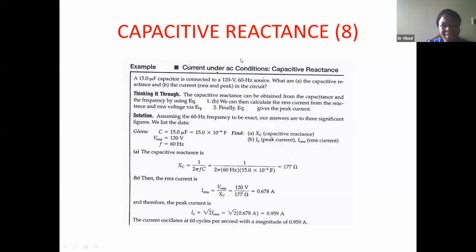Somebody thinks that the capacitive reactance is 17.68 ohms. Just keep working it out. I'll leave it there for a while so that you can copy it or write it out in your notebooks. If you think this is not the correct answer, just keep sending your messages.